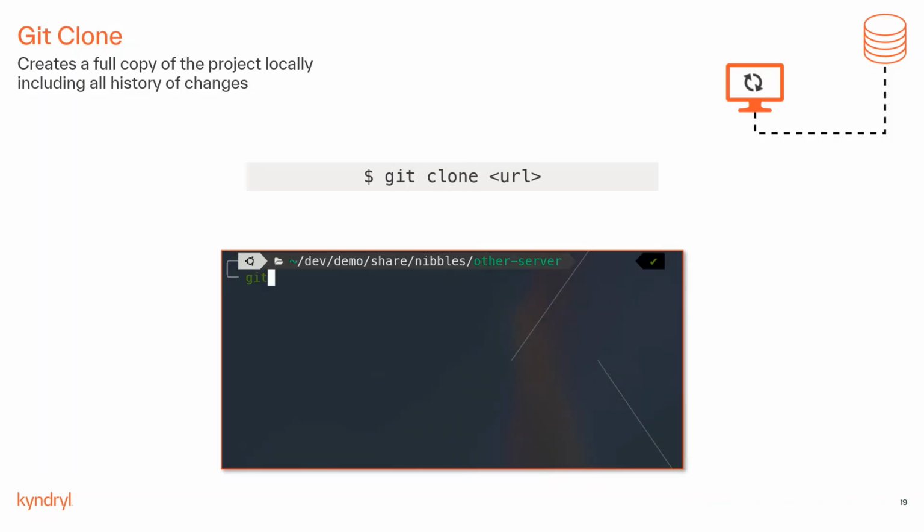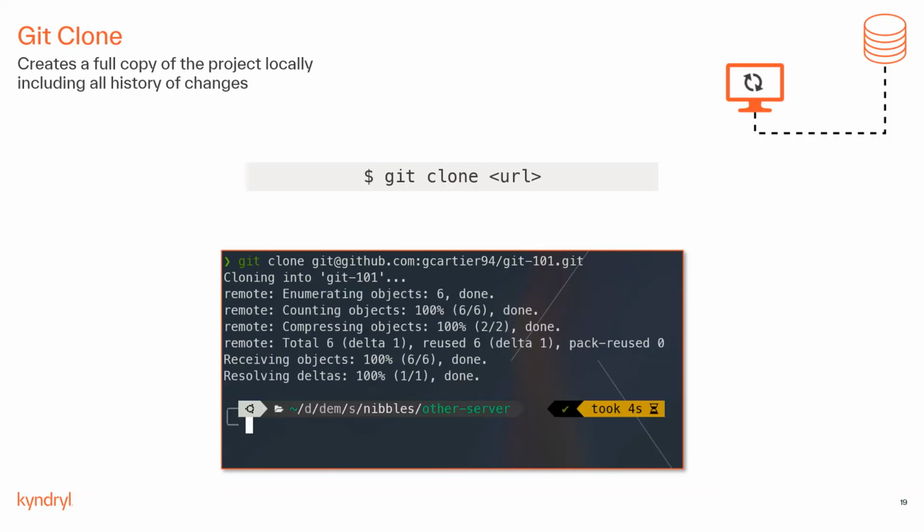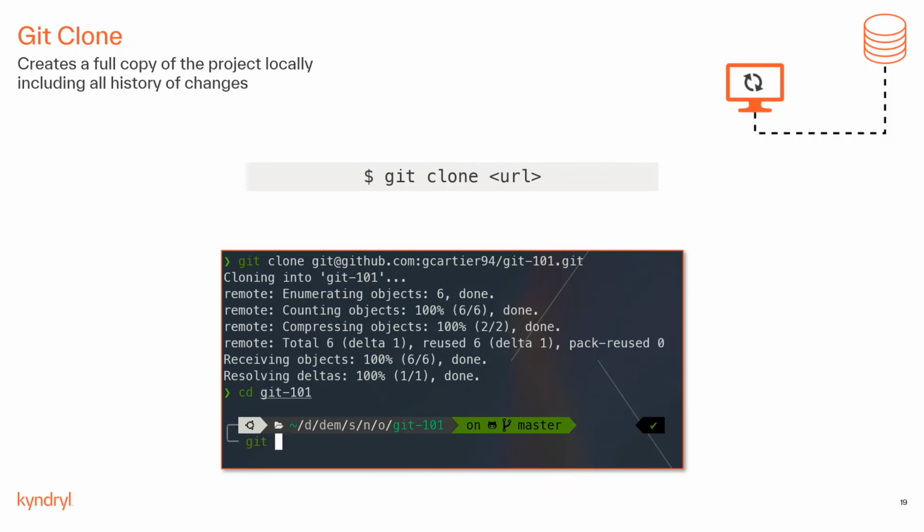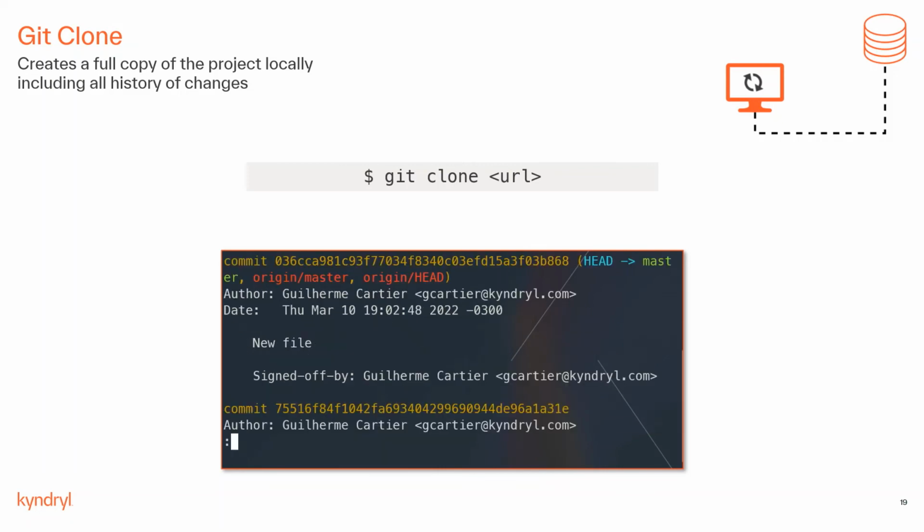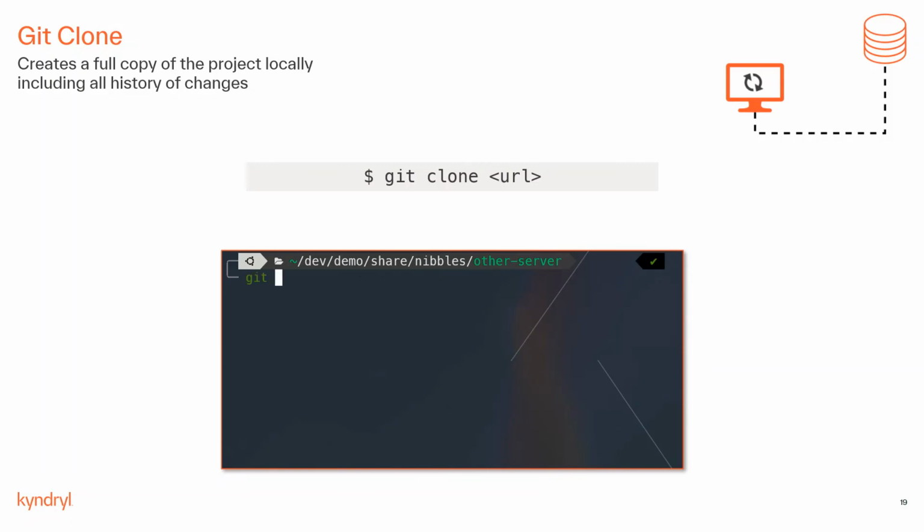And what it allows us to do is basically get a full copy of the project locally, including all the history of changes, but from a Git server, right? So in this case, GitHub. So getting the URL for that repository on GitHub, and when I issue the Git Clone command to that URL, it basically copies the entire repository into my workstation.